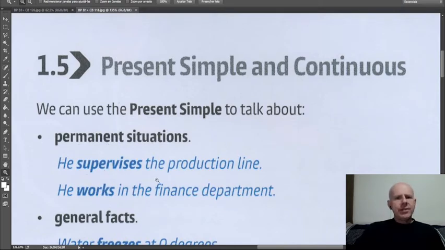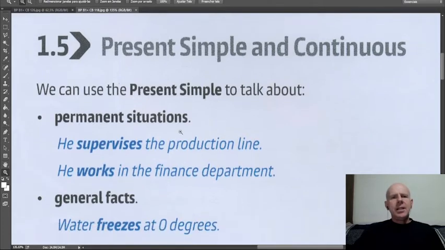He supervises the production line. He works in the finance department. Obviously they are going to retire someday, but it was this way last week, it is like this week, it will be like this next year. So it's a permanent situation, you use present simple.